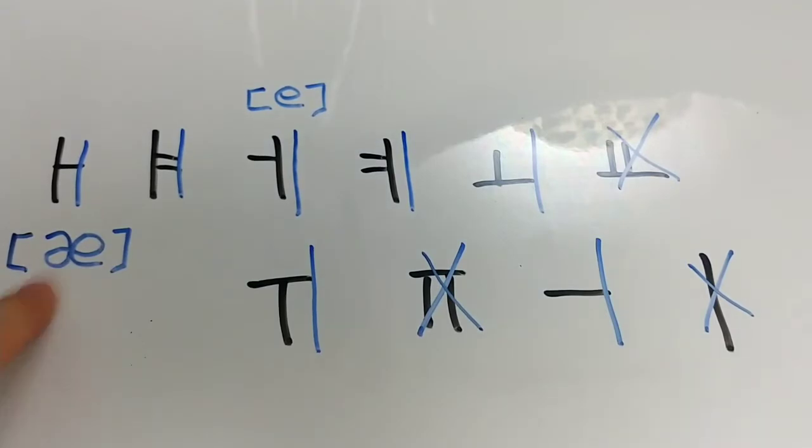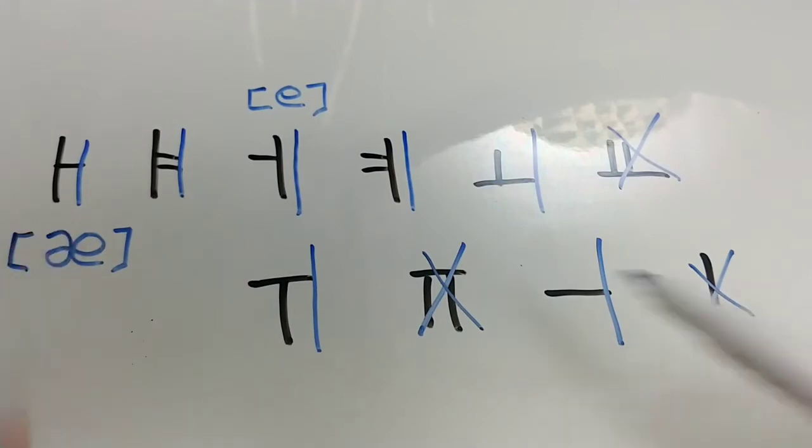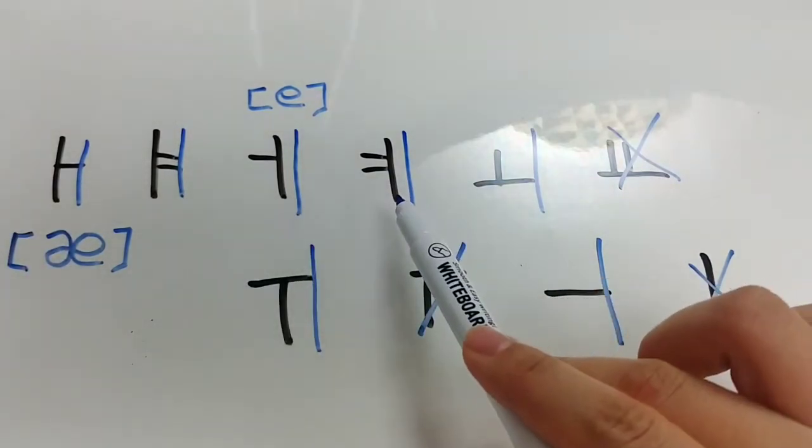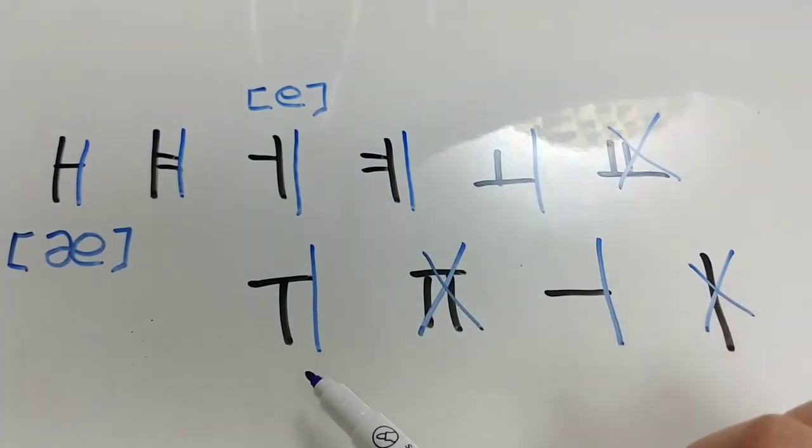But it's okay. It's actually very difficult to find the difference between them even for Koreans. So let's repeat after me. 에, 예, 에, 예, 왜, 위, 의.